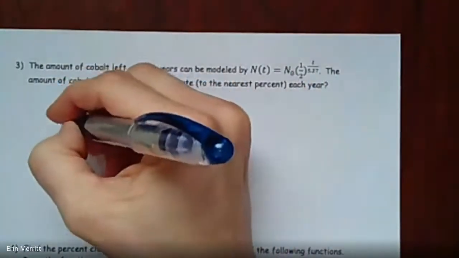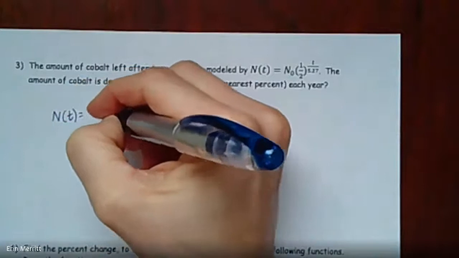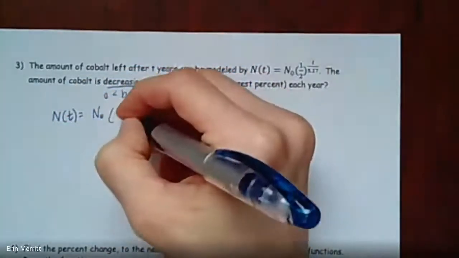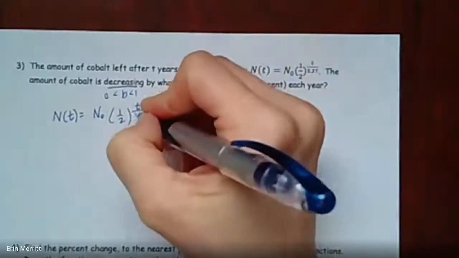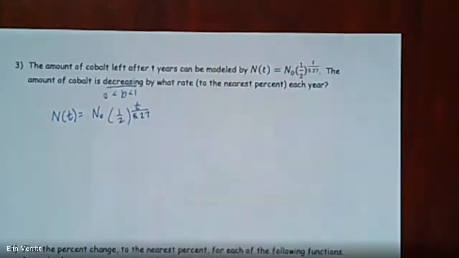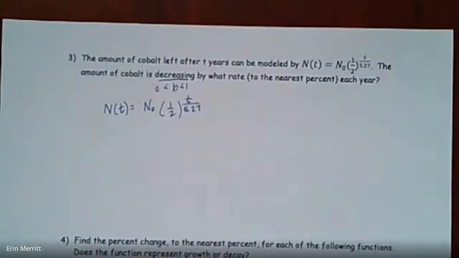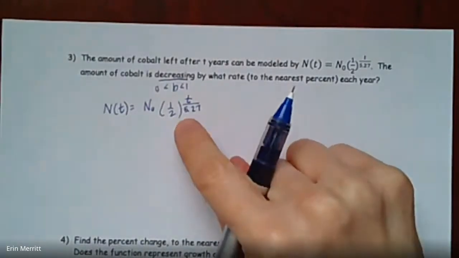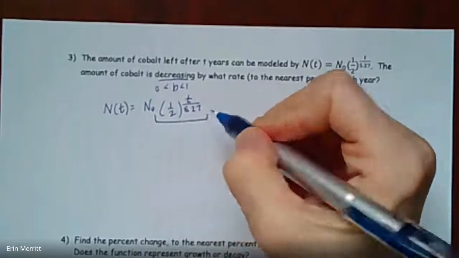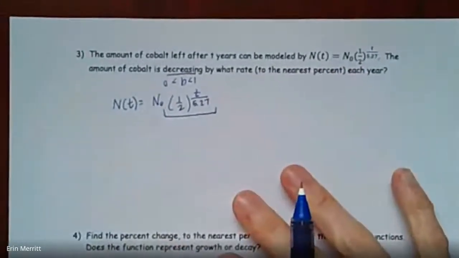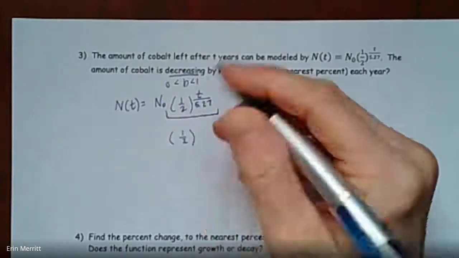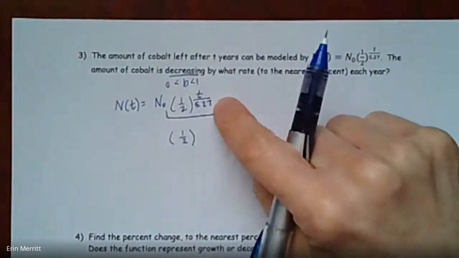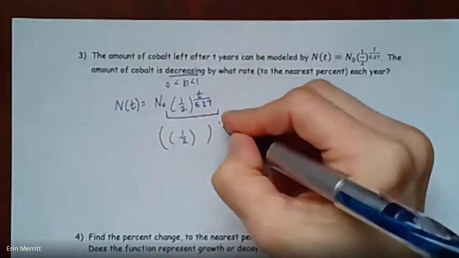So N of t equals N sub 0 times 1/2 raised to the t over 5.27. If you take a look, that N sub 0 is the initial value. It doesn't even matter. All we care about is this piece here. So this one's a little different than the last one. To rewrite it, I'm going to have the 1/2, and then I have to separate this exponent so that the t is all by itself over here.